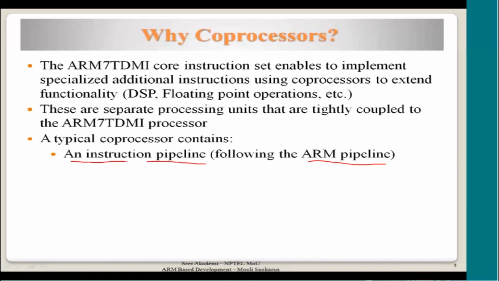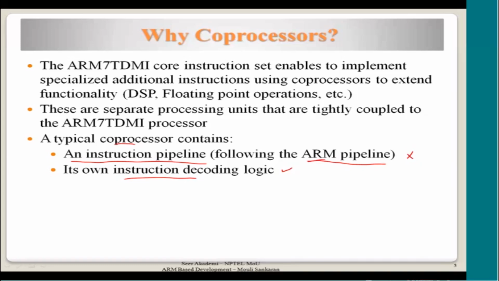So typically there is an instruction pipeline in ARM, and then there will be an instruction pipeline in each of the coprocessors, and they all go in lockstep. A coprocessor has its own instruction decoding logic, so it can understand its own instruction, but it will not understand the ARM processor instruction.